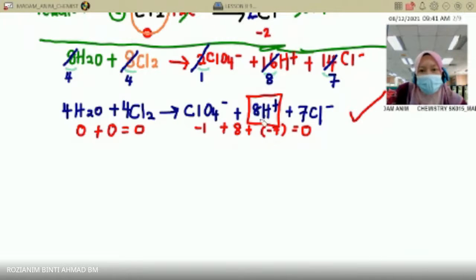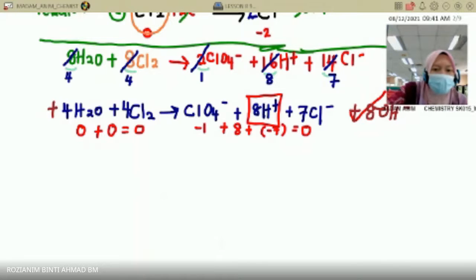Dekat mana? First kita trace H+. H+ dekat produk. So maksudnya dekat sinilah first starting kita. Kita akan tambah similar mole OH minus. And automatically our right hand side also we must add OH minus.